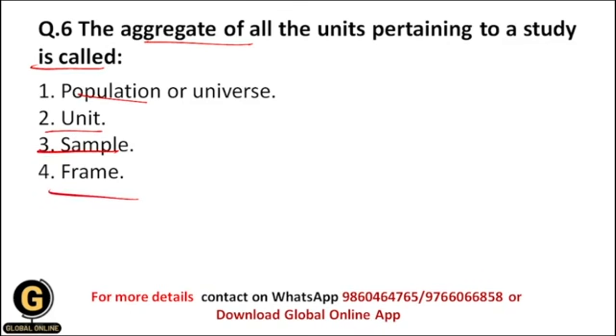Basically students, it is called the population or universe, because the population or universe includes all the units which are part of the universe. And that's why the whole population or whole universe includes all the units which are relevant to a research study. So whenever you aggregate all these units, then obviously you will form the whole population or universe. That's why your correct answer should be 1.